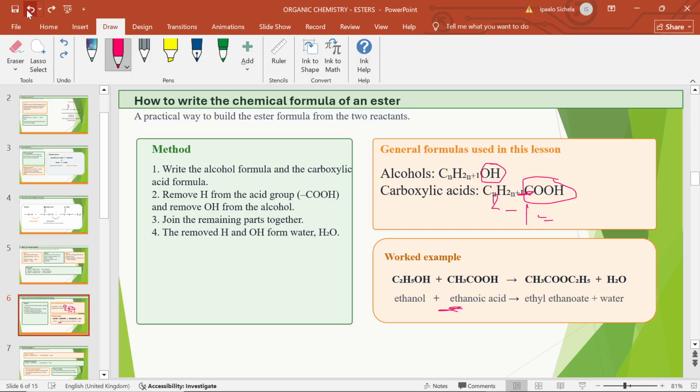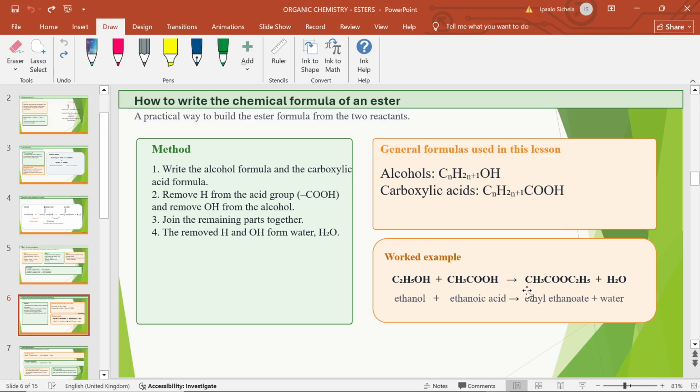C stays C, then H is 2 multiplied by 1, 2, plus 1, 3. So CH3COOH. That's the chemical formula for ethanoic acid.